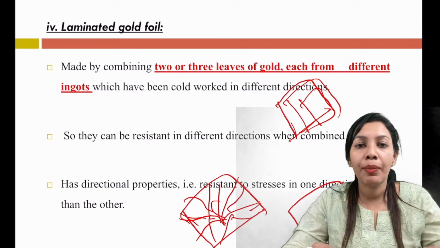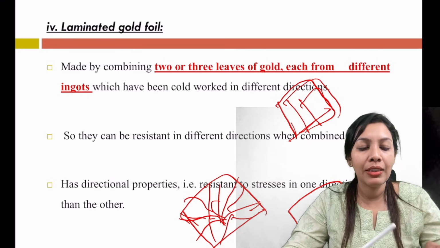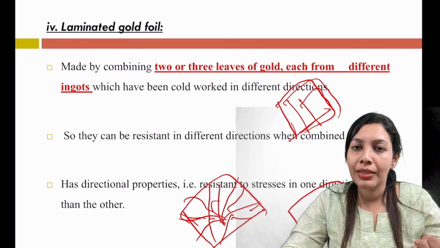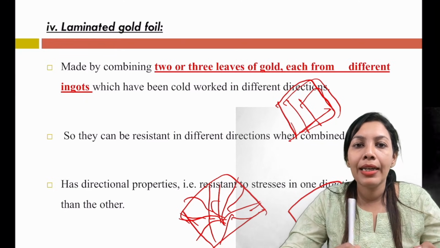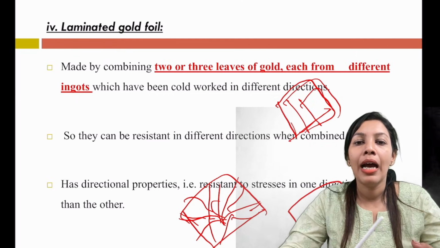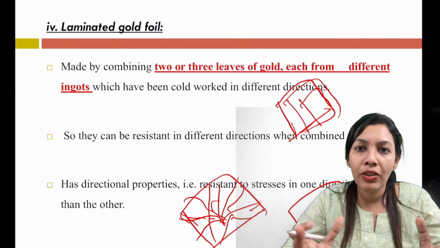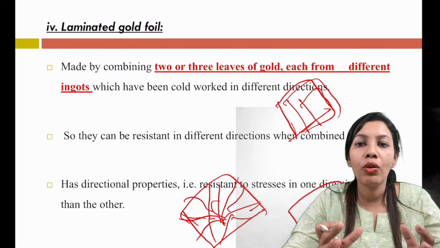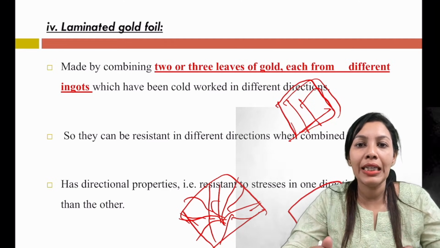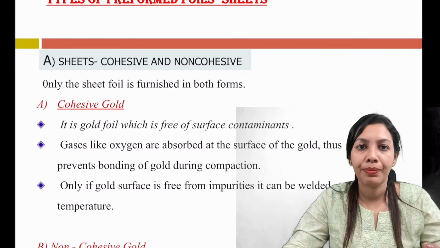So this was about gold foils. Normally, first is the platinized gold foil, where platinum is added; corrugated gold foil, where we heat it; and laminated gold foil, where 2, 3, 4 foils are joined together, so that we get a gold foil which has different ingots moving in different directions.